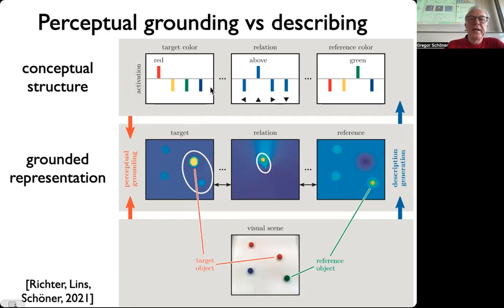In these more recent models, we really have an explicit representation of what we call the conceptual structure. So this is what the language machine would perhaps generate. And for instance, you have a couple of nodes. We consider them nodes, but actually they are locations in a field.